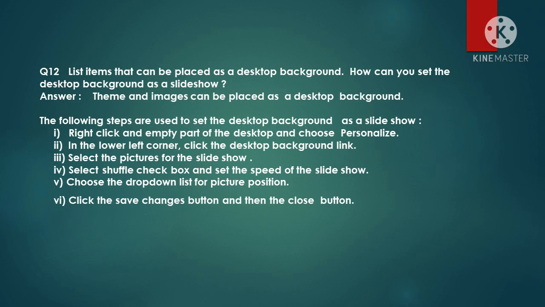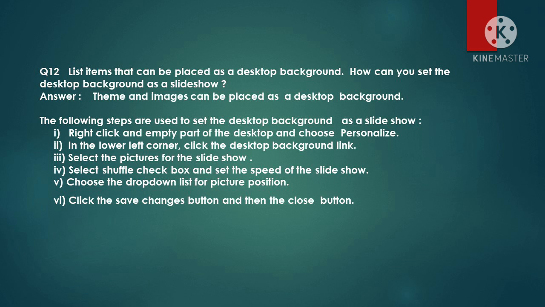Question number 12. List items that can be placed as a desktop background. How can you set the desktop background as a slideshow? Answer. Themes and images can be placed as a desktop background.